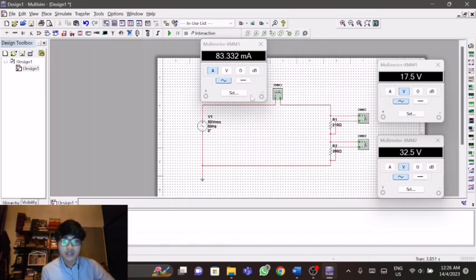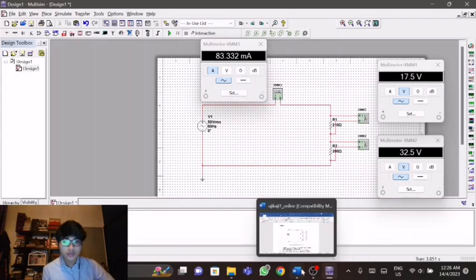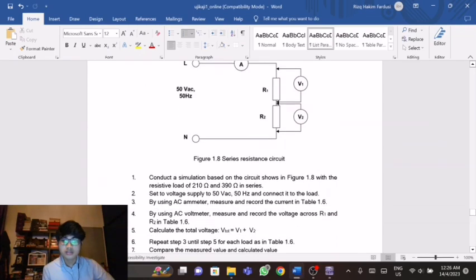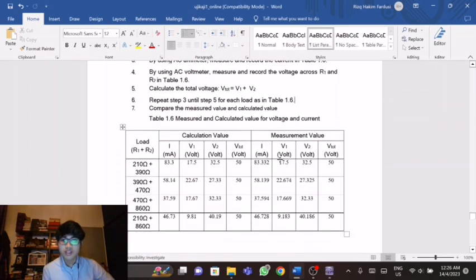Alright, so I have done the simulation. The lab asks us to find the value of the current and voltage. So we only have to alter the resistor values, which are R1 and R2.